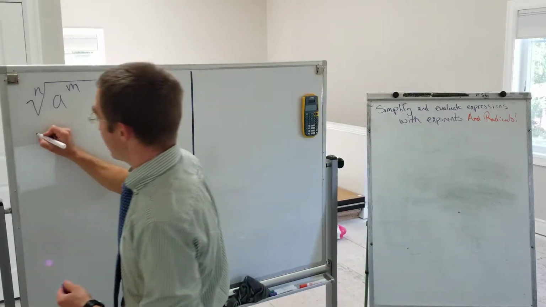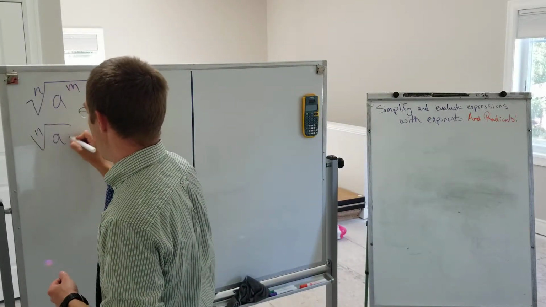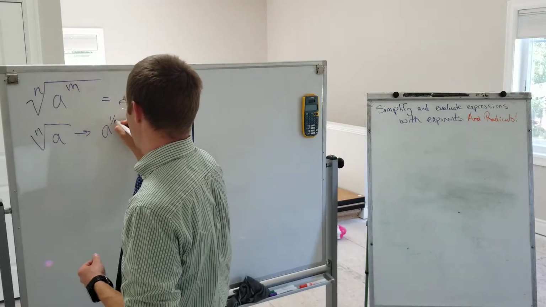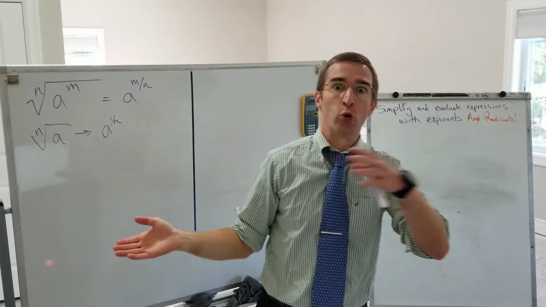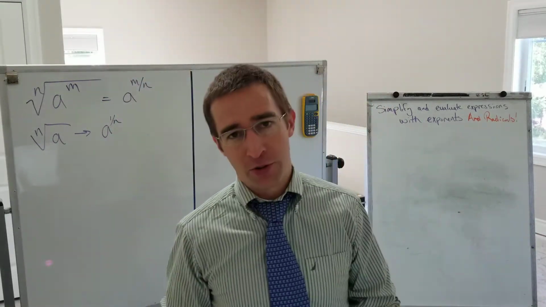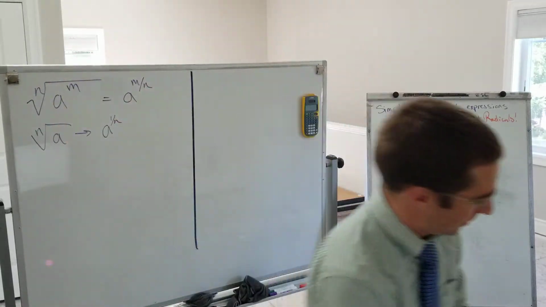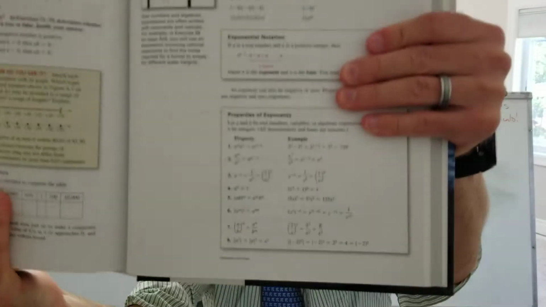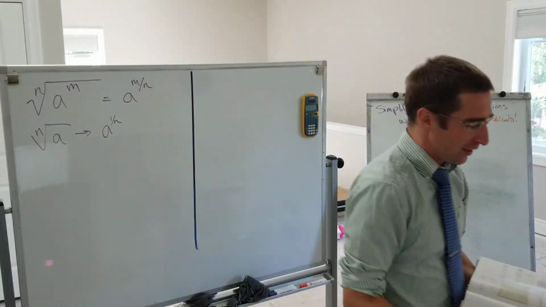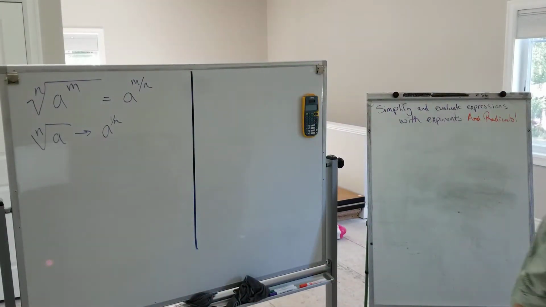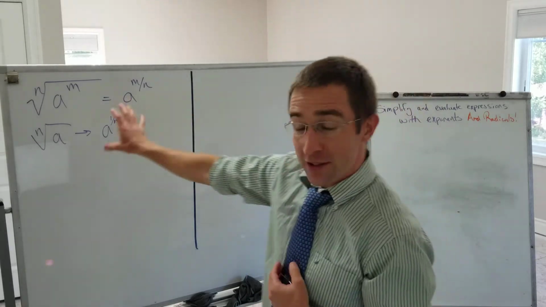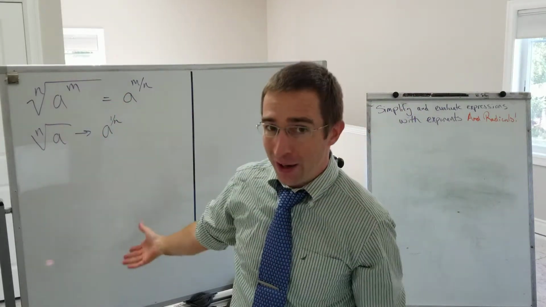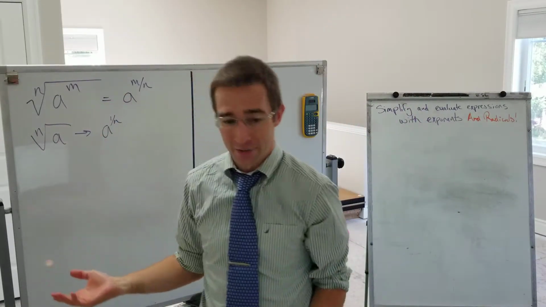So if I had the nth root of just a, it's the same as a to the 1 over n. So you know all of our properties from that page A13, and all those properties still apply, but now it's just written differently.